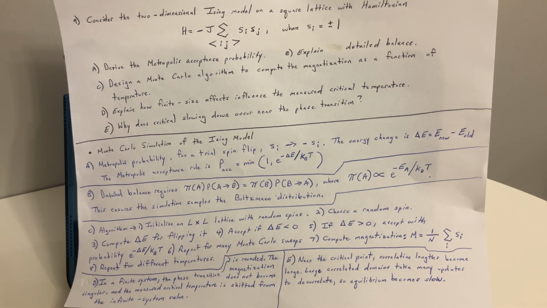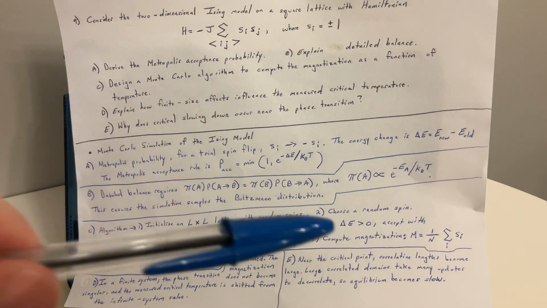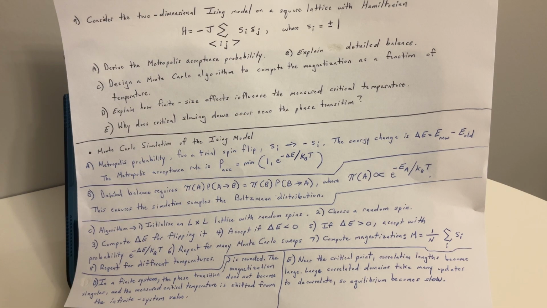Part C, the algorithm. I'm just going to write this out in condensed form. Design a Monte Carlo algorithm to compute the magnetization as a function of temperature. So here would be a potential algorithm. Initialize an L by L lattice with random spins, then choose a random spin, then compute delta E for flipping it, then accept if delta E is less than 0.